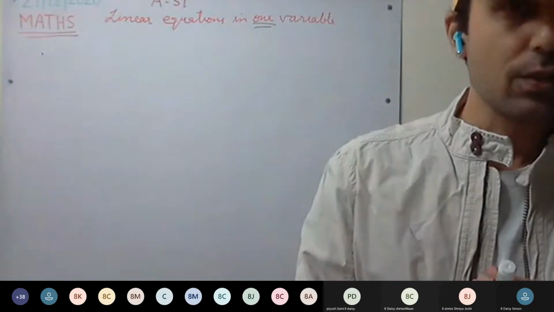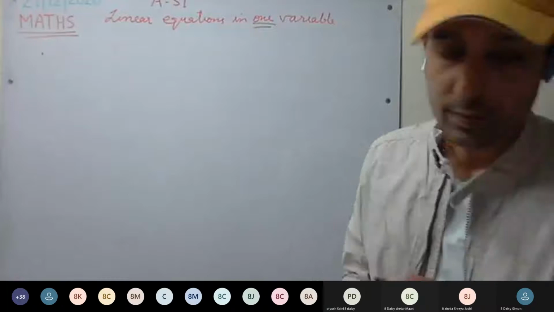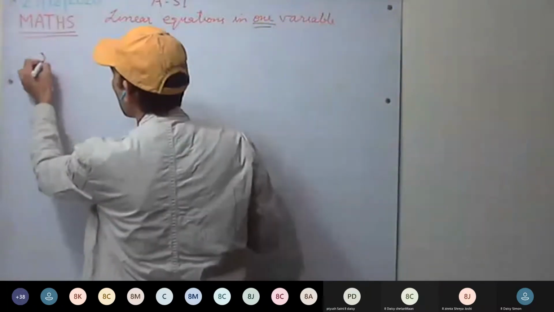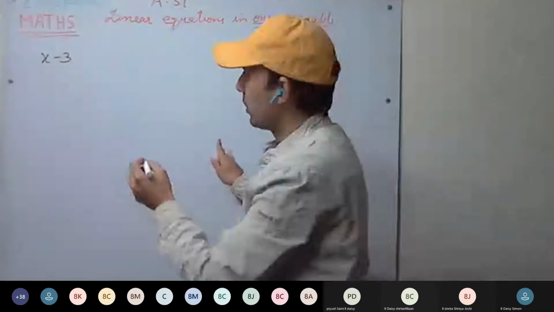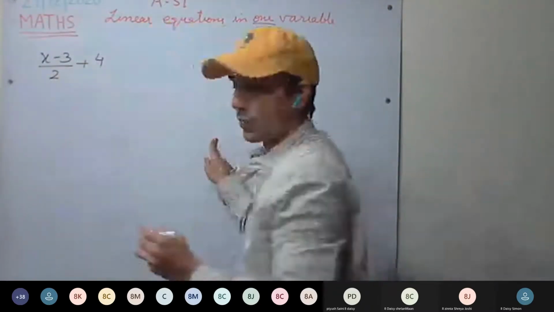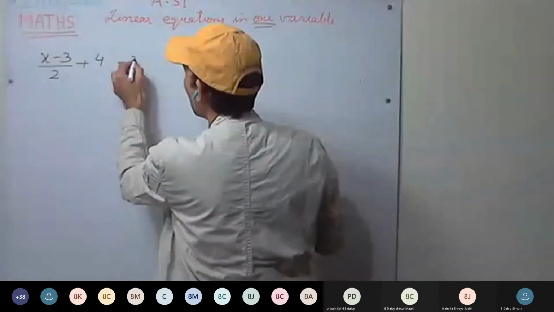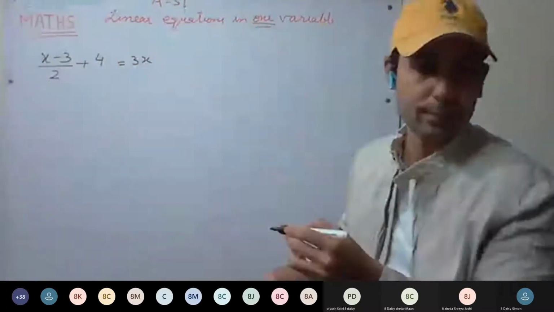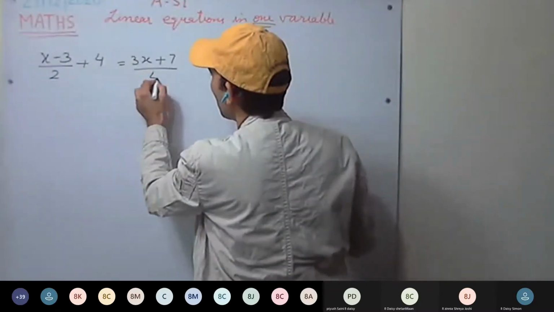So anyone who hasn't solved the third one yet? Anyone? (x minus 3) divided by 2 plus 4 equals (3x plus 7) divided by 4.